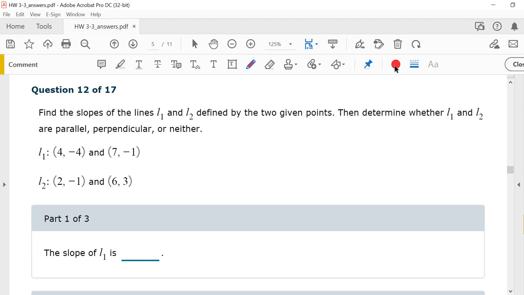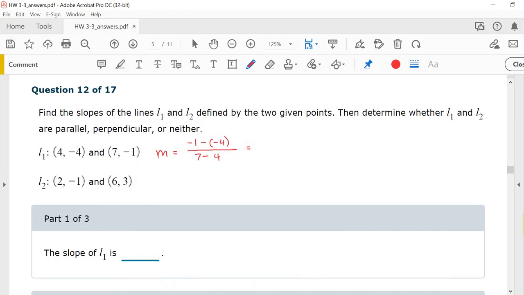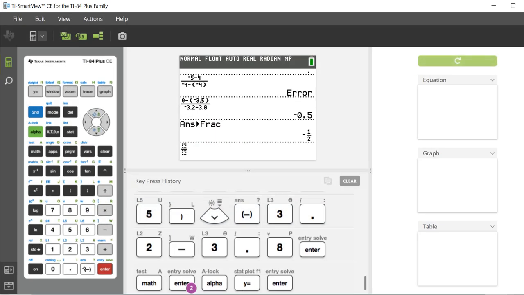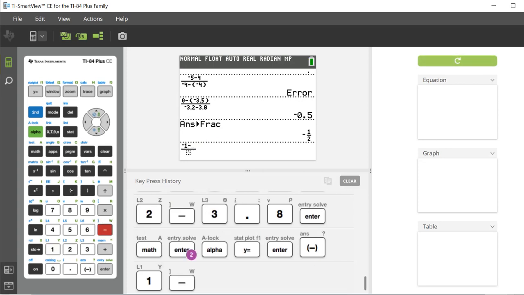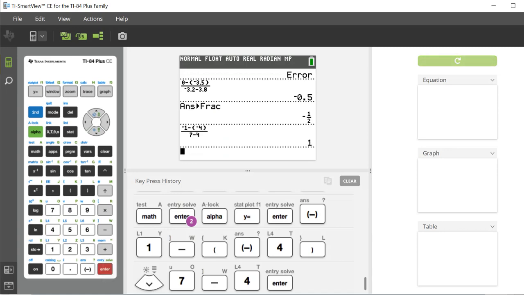Okay, for L1, the slope of line 1 would be negative 1 minus negative 4 over 7 minus 4, which would be, let's see, negative 1 minus negative 4 over 7 minus 4. I get 1.